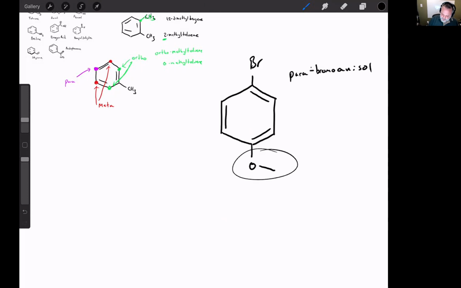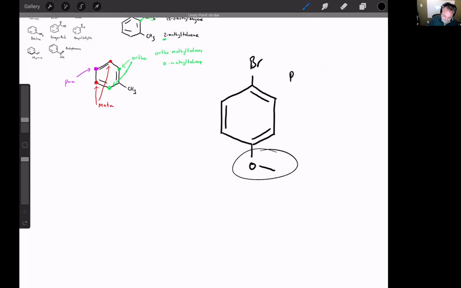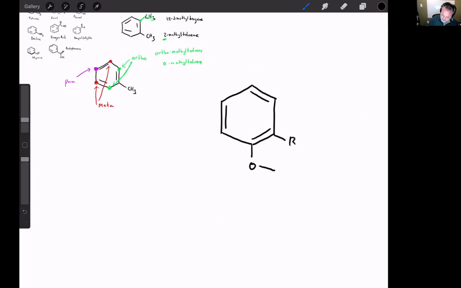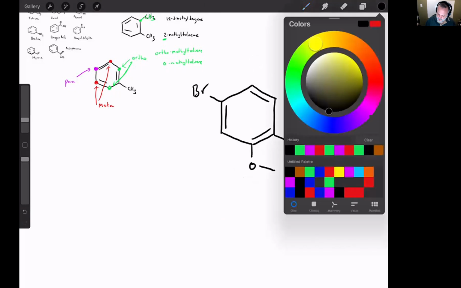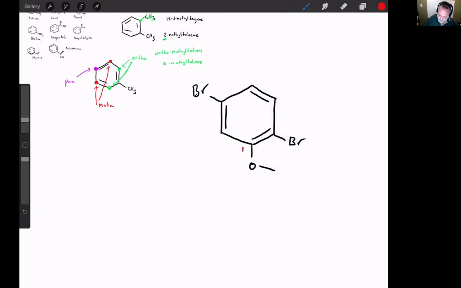But once I put a bromine at another position, and I want to get rid of some of this stuff, so make it a little cleaner, then we really can't use that anymore. And we have to go right back to our normal numbering scheme. And the only thing to point out is that, of course, the parent group gets the first number.